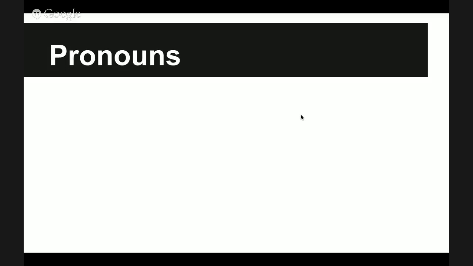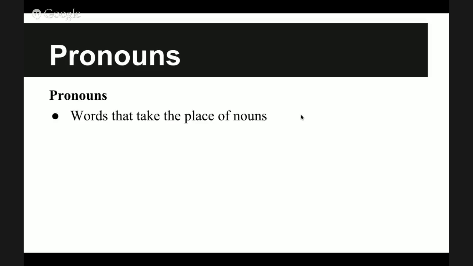So what are pronouns? Pronouns are words that take the place of nouns. So they are words that can substitute for nouns. Why do we use pronouns? Well, by using pronouns, the writer or the speaker avoids repeating nouns in the same sentence or in the same group of sentences.